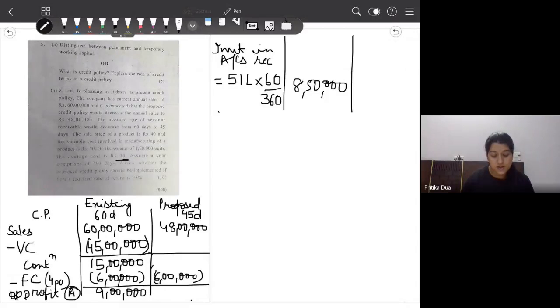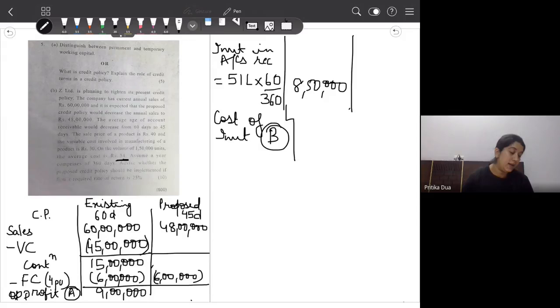Cost of investment in receivables. That is what we want as point B. So that will be 25% of 8,50,000, 2,12,500.